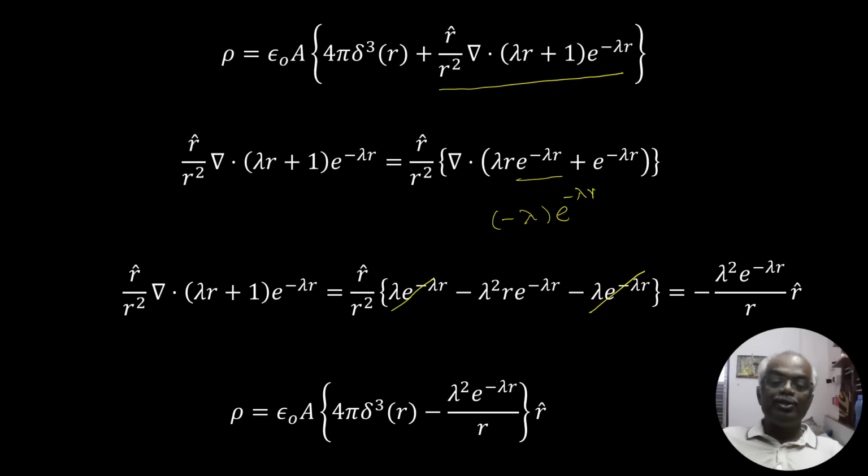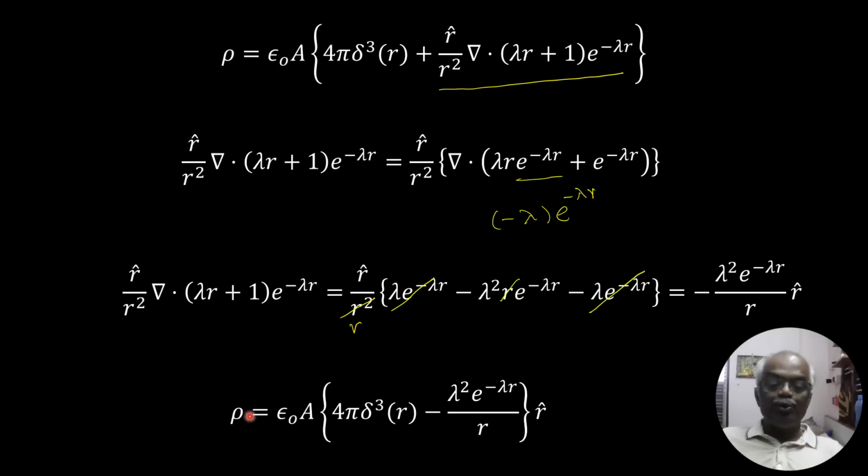And also now you can cancel this r with this r squared, which will become r. So you can take this as minus lambda squared e power minus lambda r over r, because r gets cancelled. Of course we have r cat.